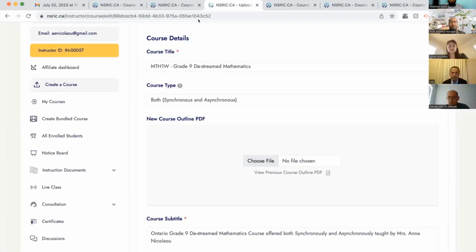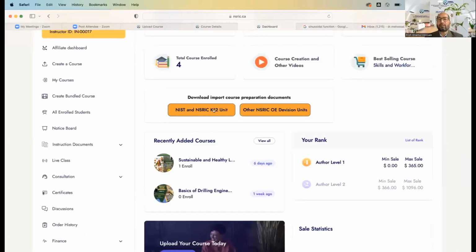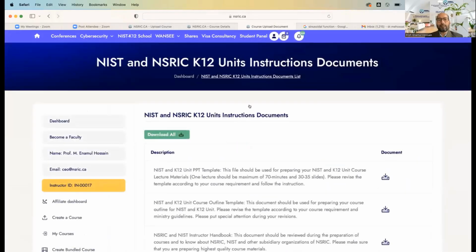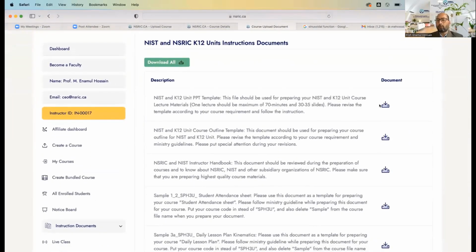And if I may add something, there are things that need to be downloaded. I believe all of you already have those documents, but if you do not have them, or you misplaced or missed them, you just simply click here. If your course is related to the NIST program or the NSRIC Cat-12 unit, because both are exactly the same, you click here, and then you see all the required documents.